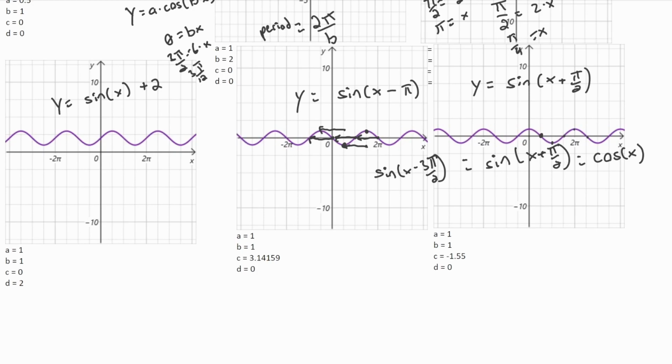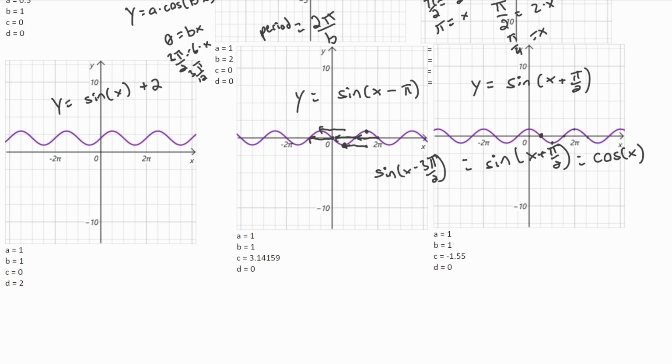Now, one of the other things I want to show you is a combination of a bunch of different things. So let's say that we took the amplitude and we multiplied it by 4, and we changed the period so that it would happen 3 times as fast.